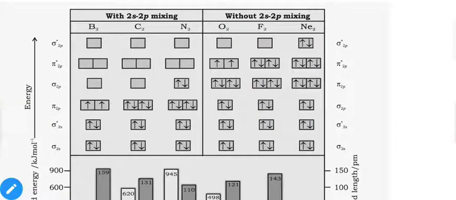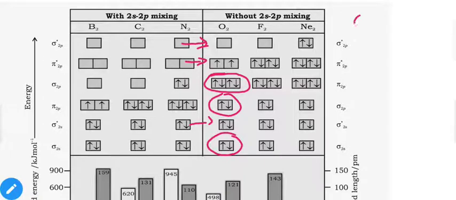To find the bond order of O2, we need the number of bonding electron pairs and antibonding electron pairs. All of these orbitals which we represent with circles are bonding, and all of these which we represent with arrows are antibonding electron pairs.